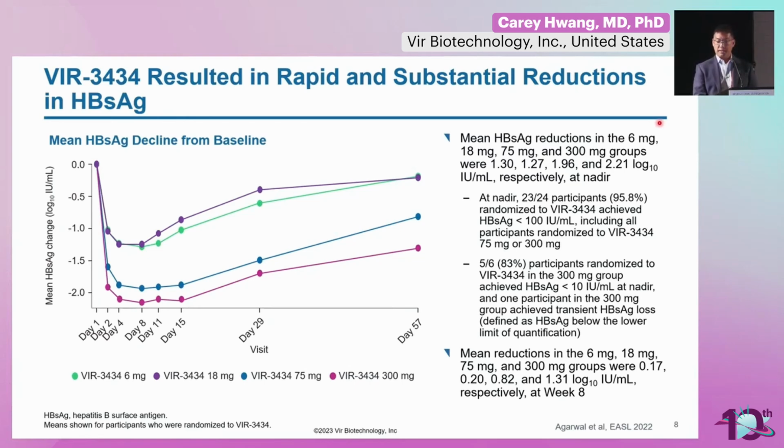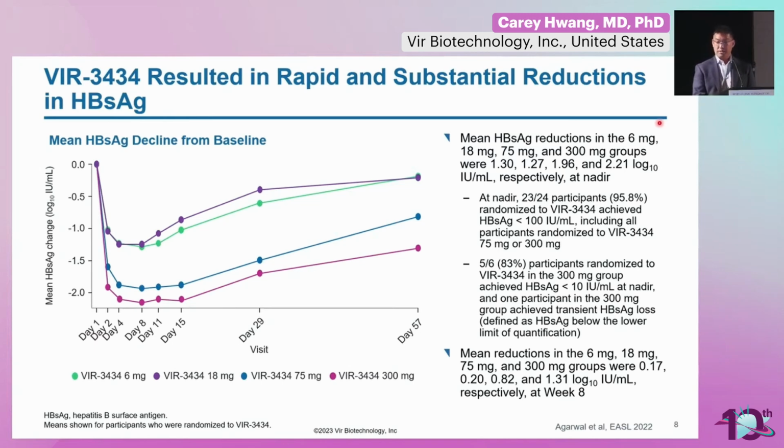Then, as you can see, through 8 weeks of follow-up, the response is fairly prolonged, likely due to the longer half-life of the antibody. Even 8 weeks after a single dose, at the 300 milligram level, you still have 1.5 log decline of surface antigen from baseline.